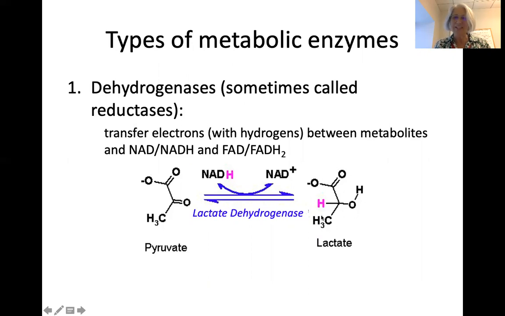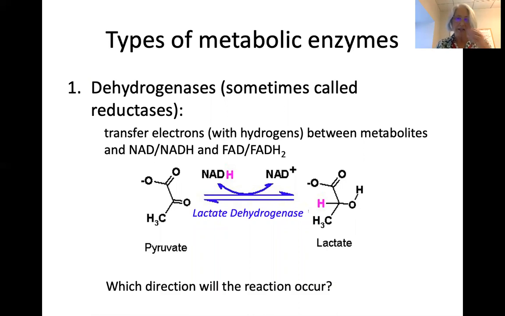And it also takes lactate and NAD plus and oxidizes the lactate to pyruvate, reducing the NAD plus to NADH. So what direction will this reaction go within a cell? That depends on the exact situation in the cell and usually what the concentration of NADH is in the cell. That's the biggest driver of this reaction.